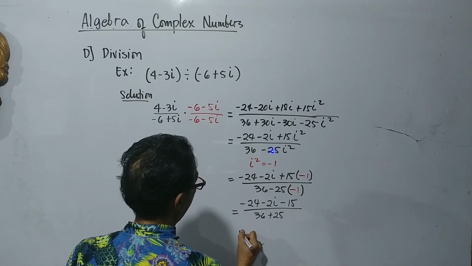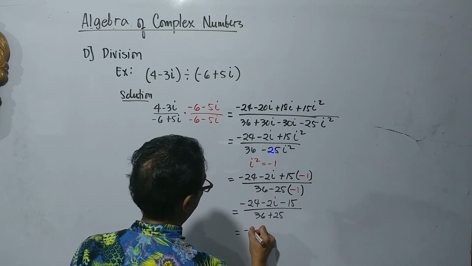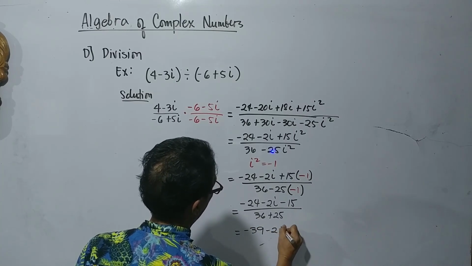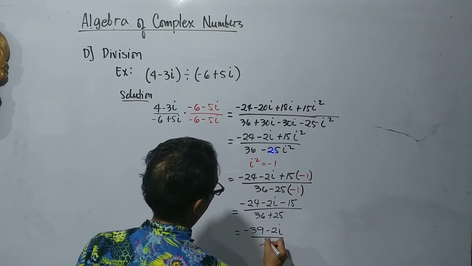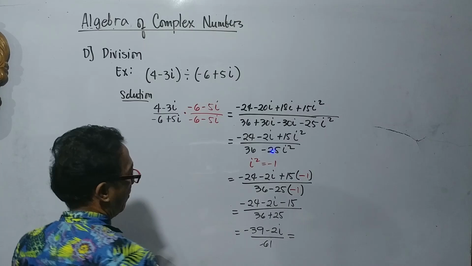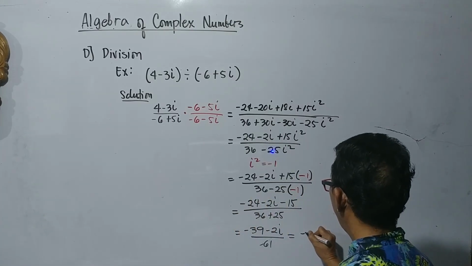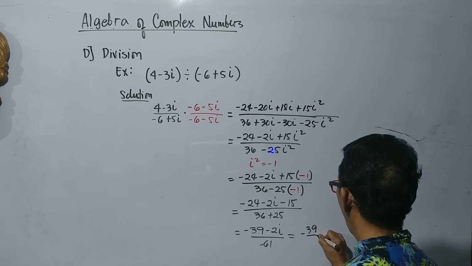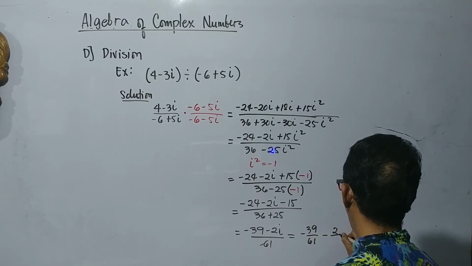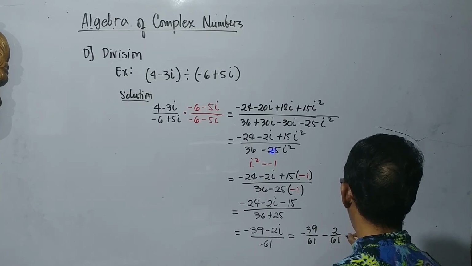So finally, you have now negative 39 minus 2i over 61. Or we have negative 39 over 61 minus 2 over 61 i.